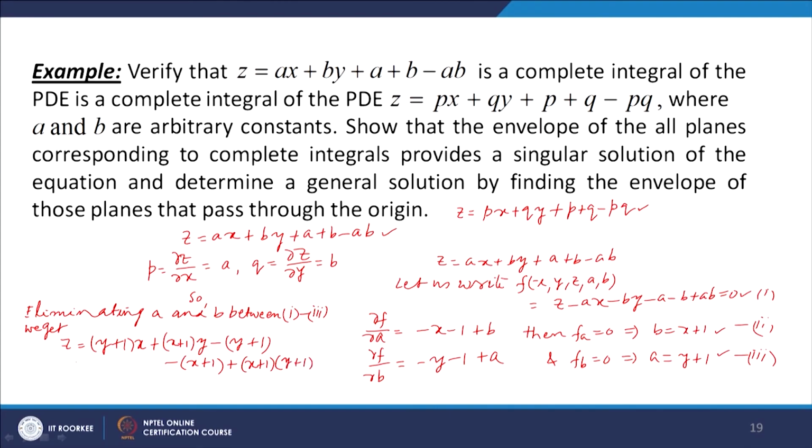So let me simplify. z equals xy plus x, then we have xy plus y, then we have minus y minus 1 minus x minus 1, then let us multiply (x plus 1) and (y plus 1).